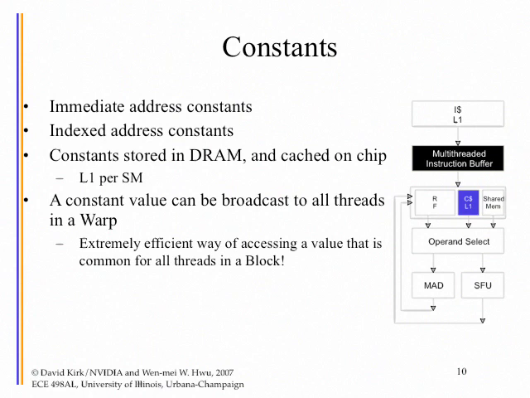Remember, we saw that L1 data, L1 instruction cache. This is what it is. So you actually have a per SM cache, okay, that can actually contain these constants. The first time you use this constant, it may take a long time. But after that, you're golden, okay?